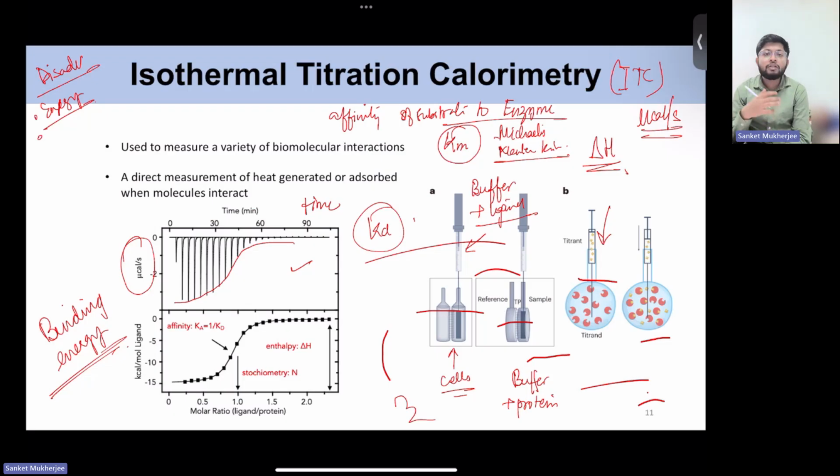That is a problem. There is a problem of slow kinetics. If the energy released or energy gained is very slow, then also it's a problem in ITC. Cannot be detected very well.